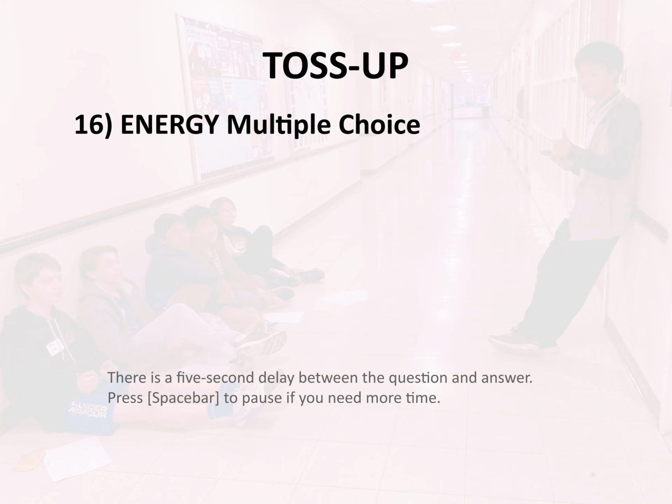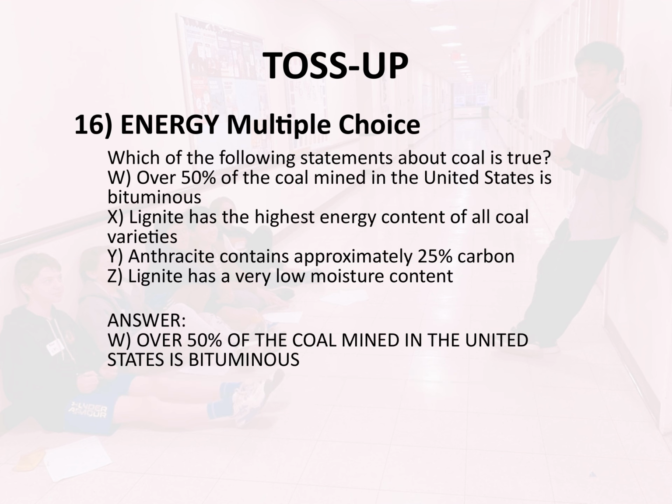Y. Anthracite contains approximately 25% carbon. Z. Lignite has a very low moisture content. Answer. W. Over 50% of the coal mined in the United States is bituminous.